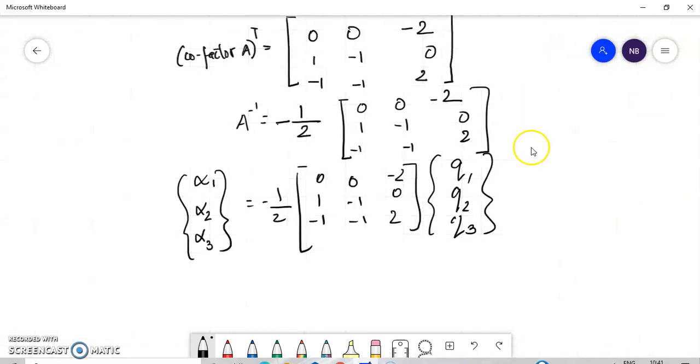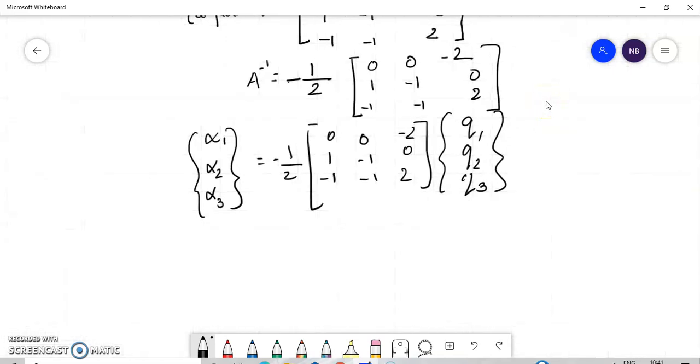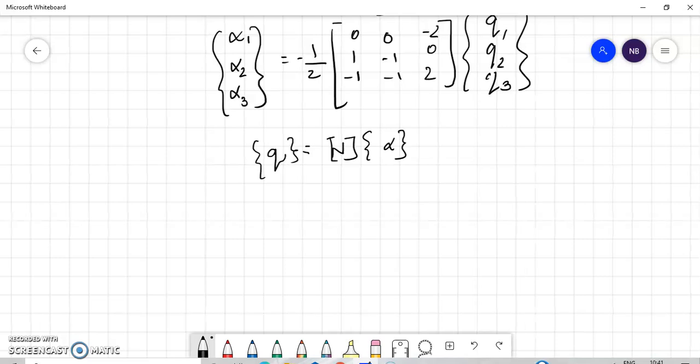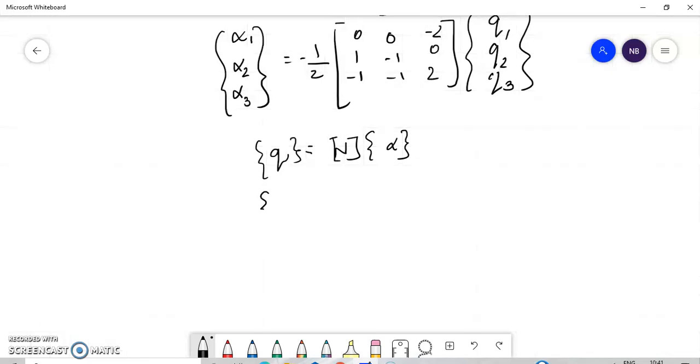So now substituting the value of alpha 1, alpha 2, alpha 3, we could also say that q equals N into alpha. Let us substitute the value of alpha 1, alpha 2, alpha 3 in the equation we wrote.